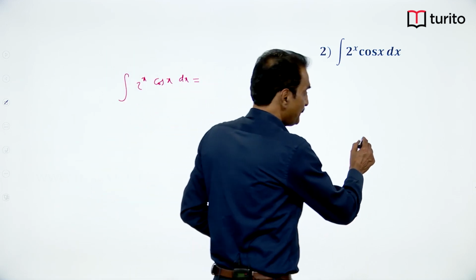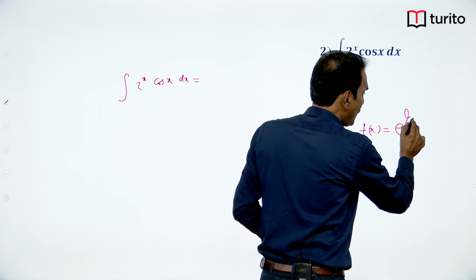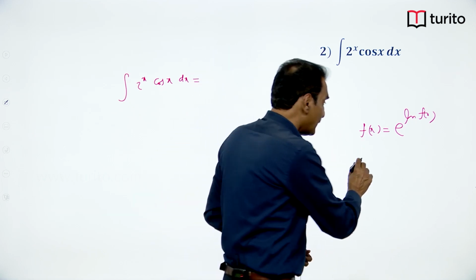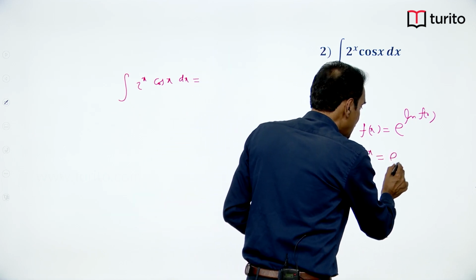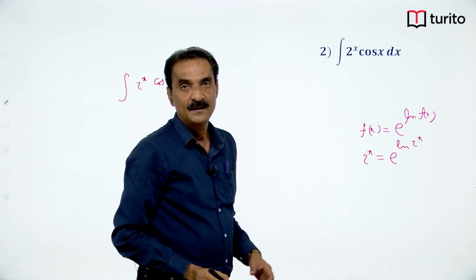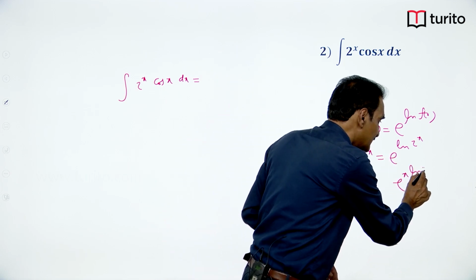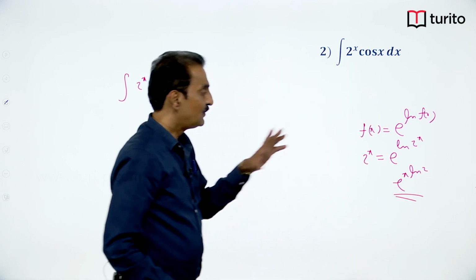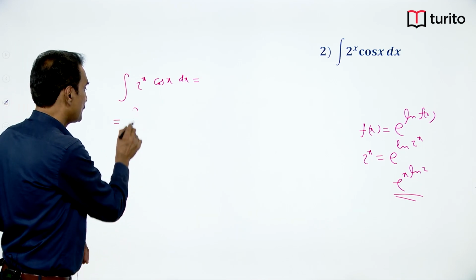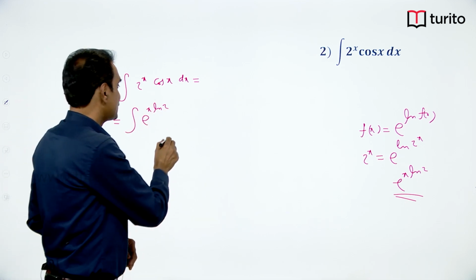We know that any function f(x) can be written as e^(ln f(x)). So, 2^x can be written as e^(ln 2^x). e^(ln 2^x) is e^(x ln 2), is it not? So, we write 2^x as e^(x ln 2) into cos x.